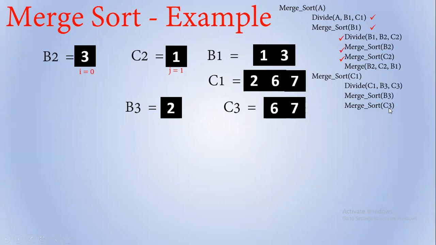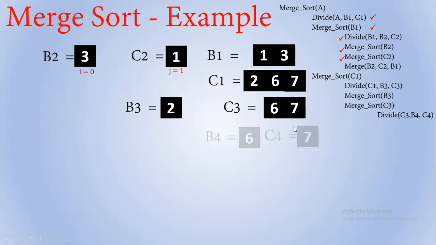So inside merge sort C3, you have to divide C3 into two subarrays known as B4 and C4. So they are nothing but these two elements separately.